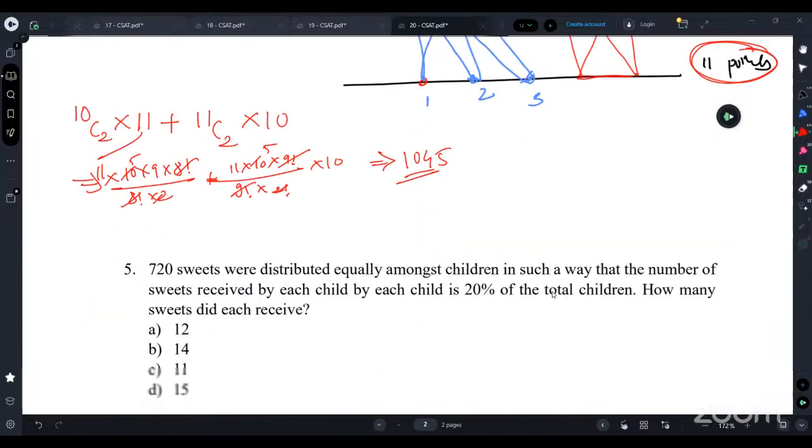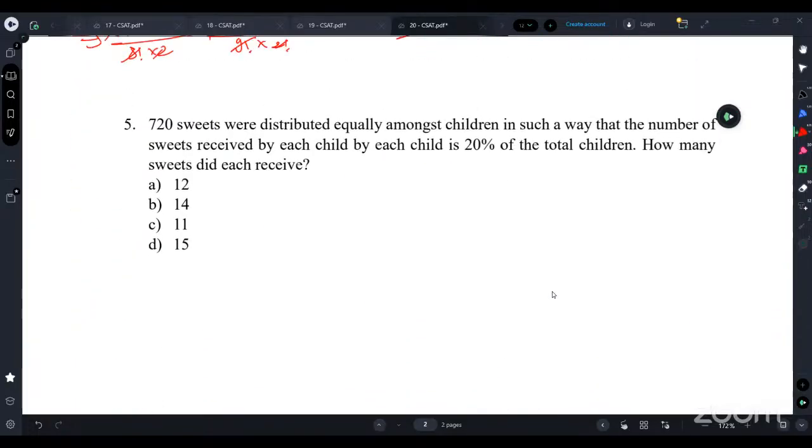Fourth question done, and see the last question from today's set, guys. This fifth question: 720 sweets are distributed equally amongst the children in such a way that the number of sweets received by each child is 20% of the total children.